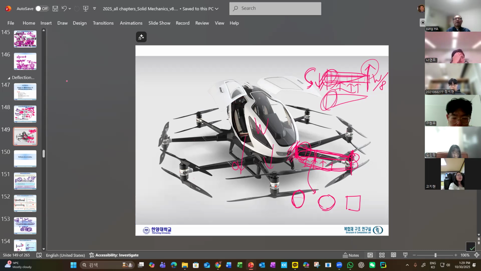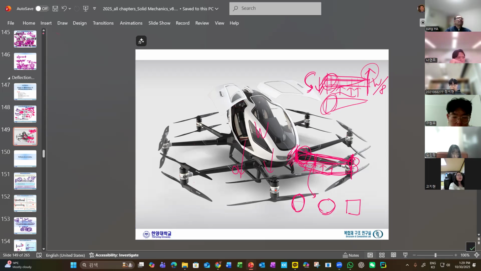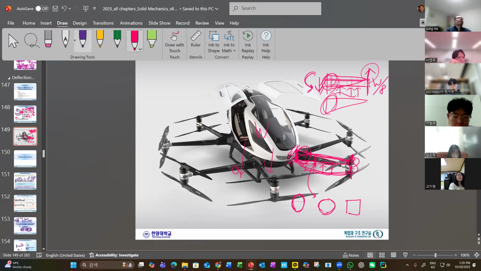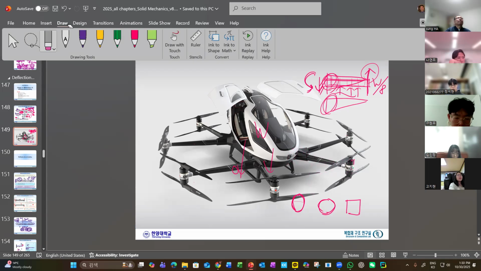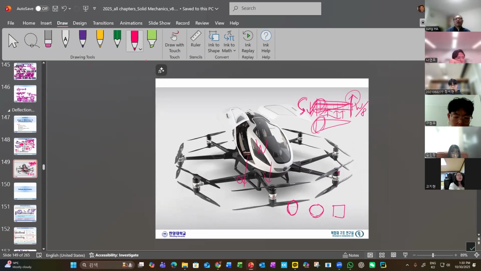And then again, the cross section gradually decreases. Of course, we can make just a uniform cross section, but if it is big like this, it is going to be a waste of material.